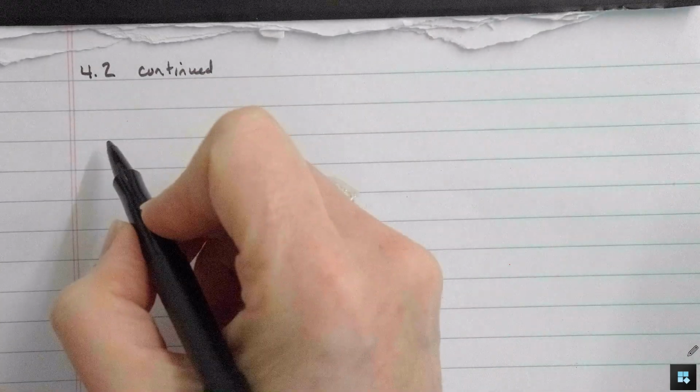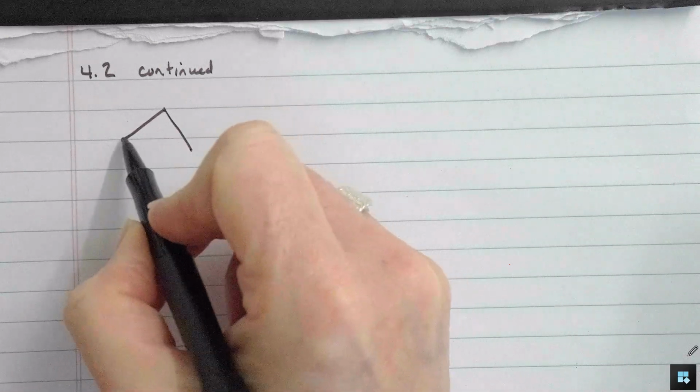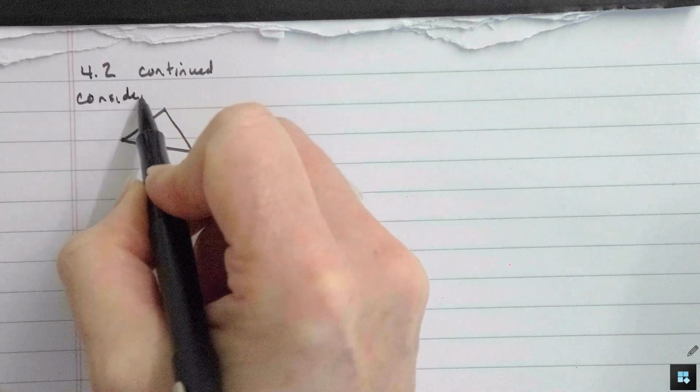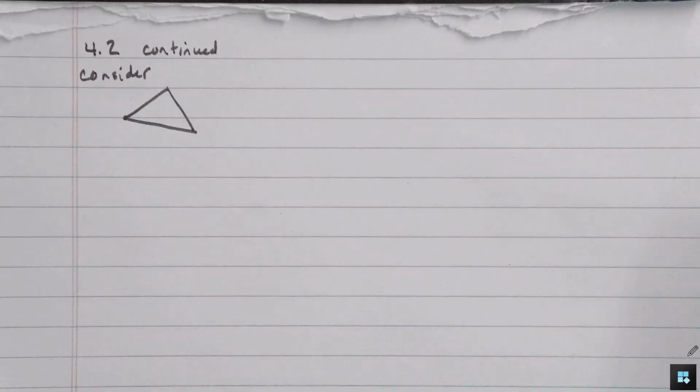So we're staying in 4.2 with the art gallery theorem, and look at a triangle. Draw whatever kind of triangle you want. If you had a triangular polygonal closed curve art gallery, how many guards would you need if they're only allowed to stand at the corners? How many guards would you need? 1.